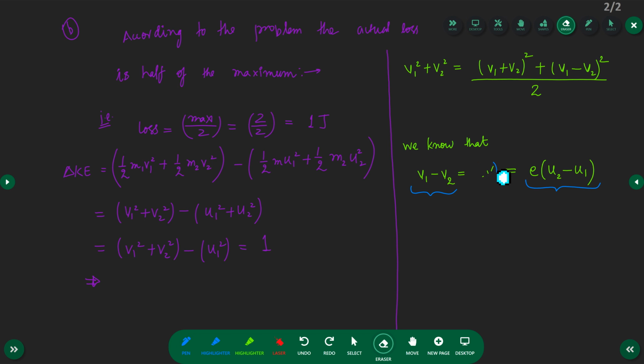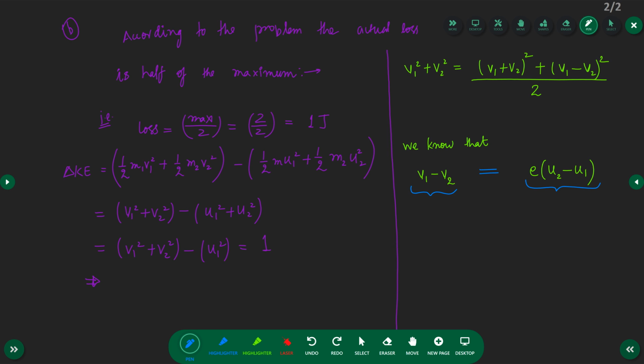Let us forget this for a moment. So is it okay if I write it like this? V1 minus V2 can be written as E into U2 minus U1.